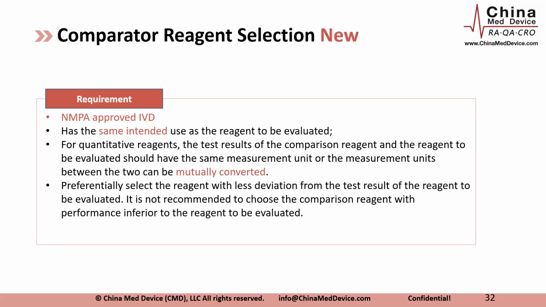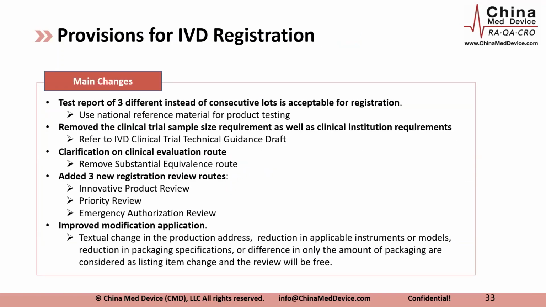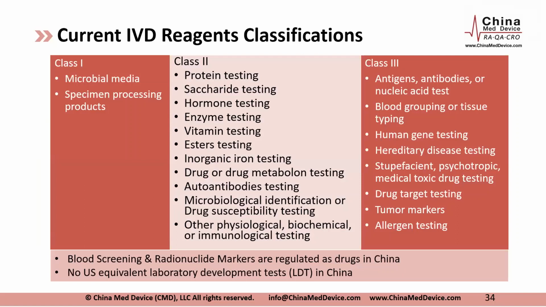And then this is comparator reagent selection. There are new updates, as well as the registration, as I mentioned. The classification, again, the clinical exempt, all this is pretty much parallel.